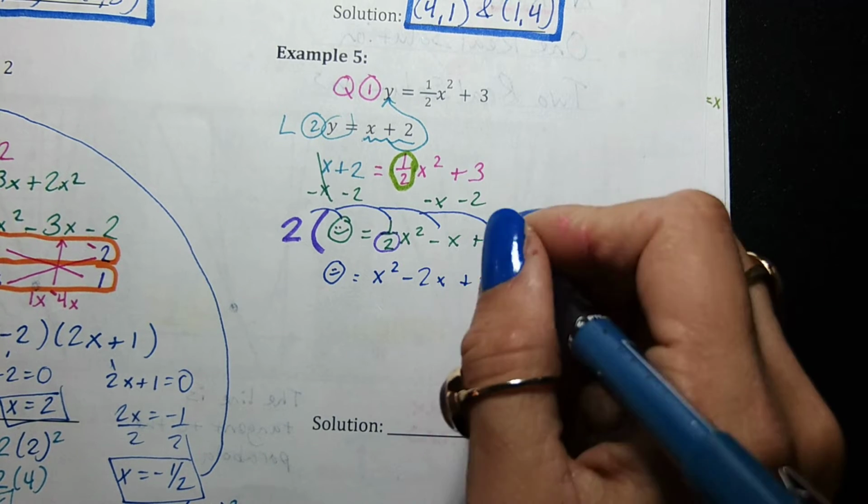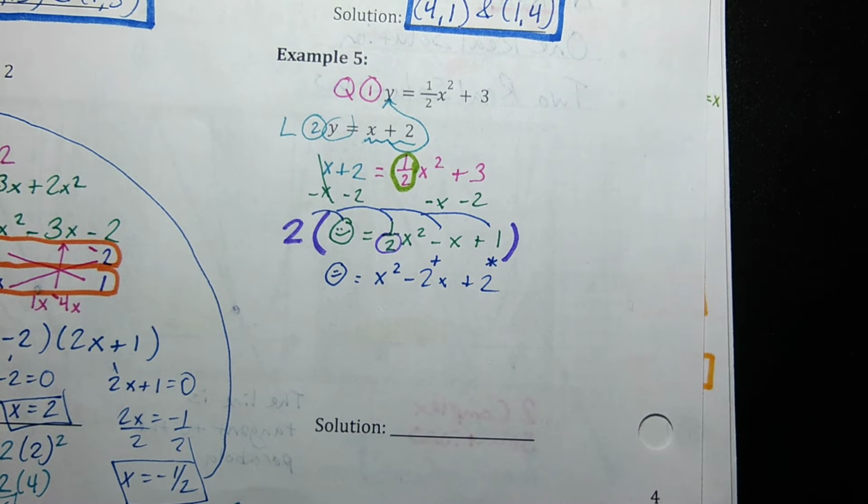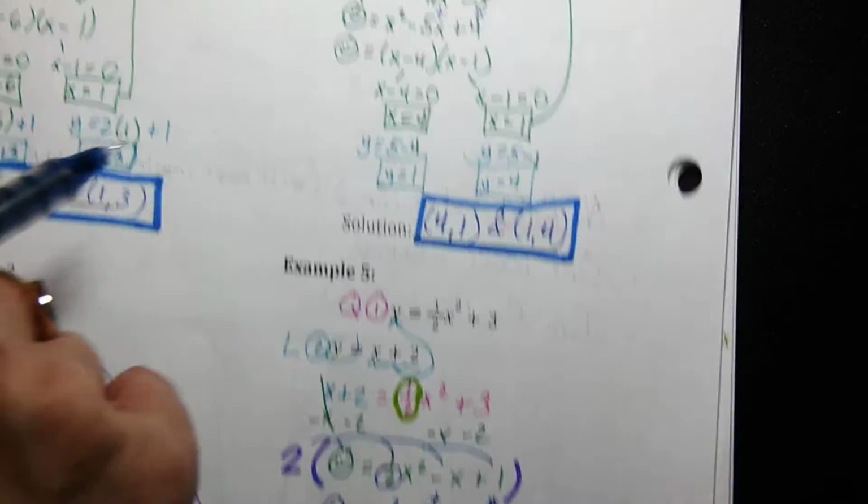So we're looking for a product of 2 and a sum of negative 2. Can we factor that? Oh, no. So what do we do for solving if we can't factor?